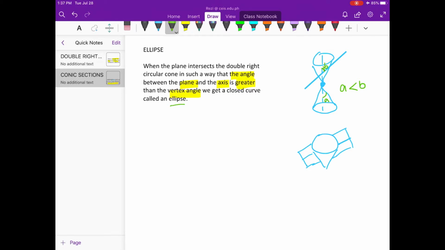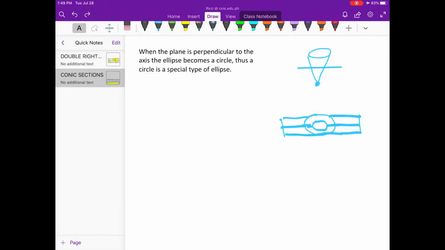If you look at the top view, it will be like this. When the plane is perpendicular to the axis, the ellipse becomes a circle. Thus, circle is a special type of ellipse.